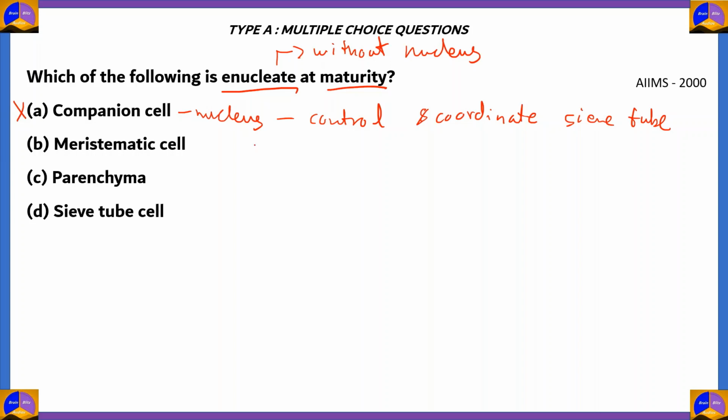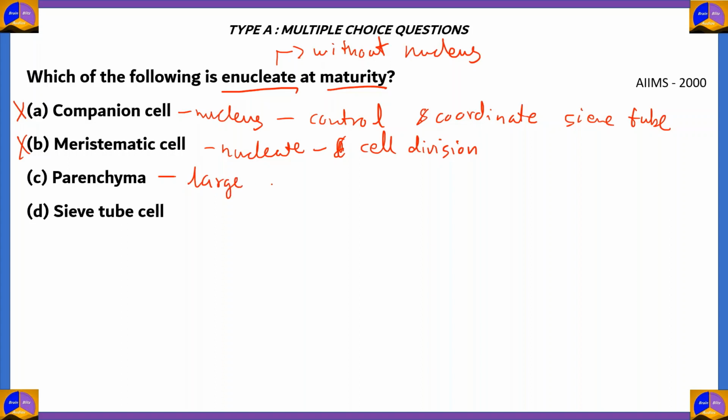What about option B, meristematic cell? This is also nucleate for cell division, as they divide and differentiate to form plant tissue. So they have to have a nucleus. Option B is incorrect. What about option C, parenchyma?